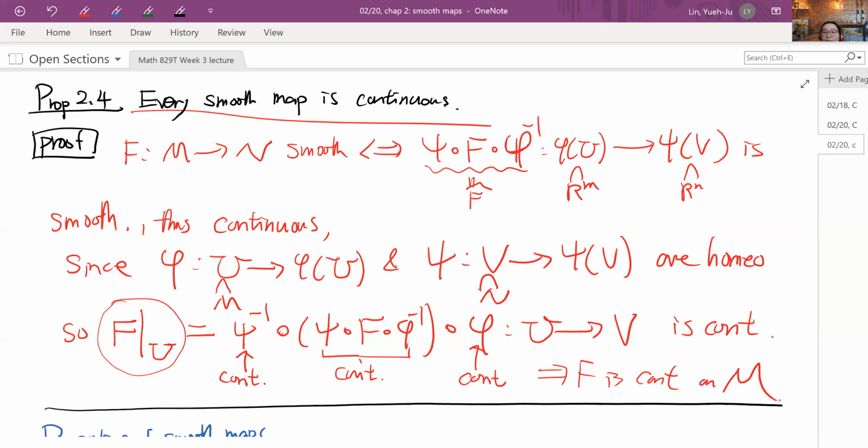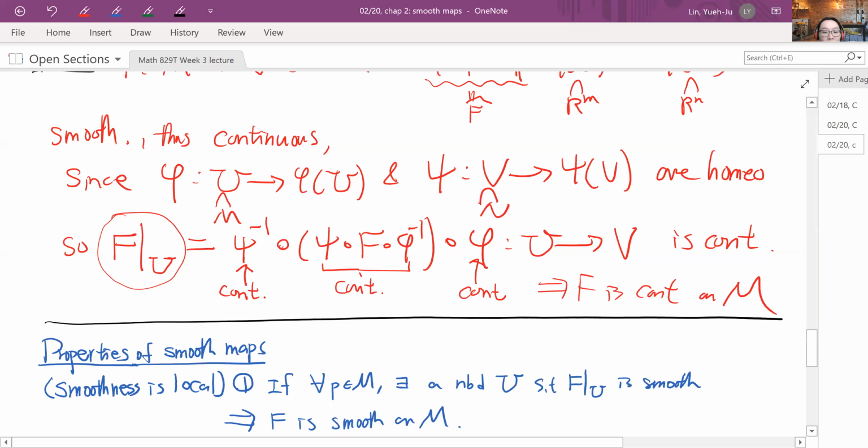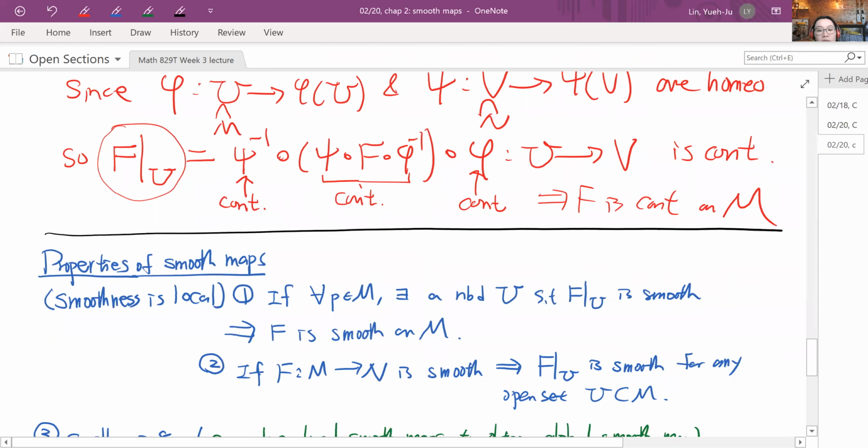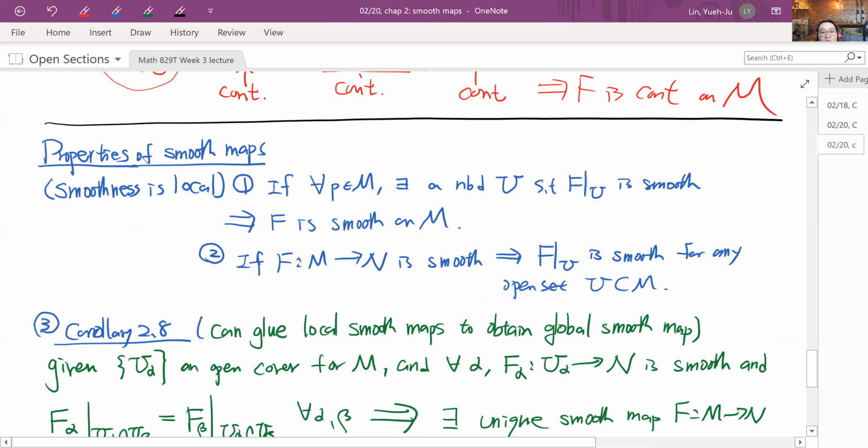So you can see that indeed the way we define smooth maps between two manifolds is nice, in the sense that it's independent of the chart you choose. It's also continuous, so there's no bad definition here. So I'm going to stop here. Coming back next Tuesday, I'm going to give you all the properties for smooth maps.